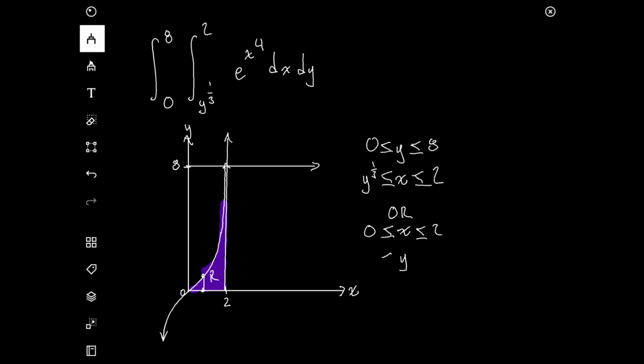So y is between 0 and whatever this function is, but it's a function of y now, so we need to solve this function for y. So x equals y to the 1/3 goes to y equals x to the 3rd. So y is less than x to the 3rd.